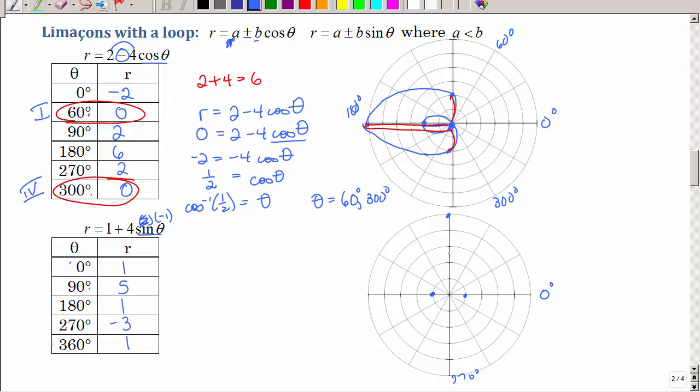Negative would be in the opposite direction, because remember, we're going to create a loop. So really what has happened here is we went from 1 to 5 back to 1, but somewhere along the line, how did I get to that? Well, I had to pass through the pole, make a big loop, pass through the pole again. You can check that out on your calculator.